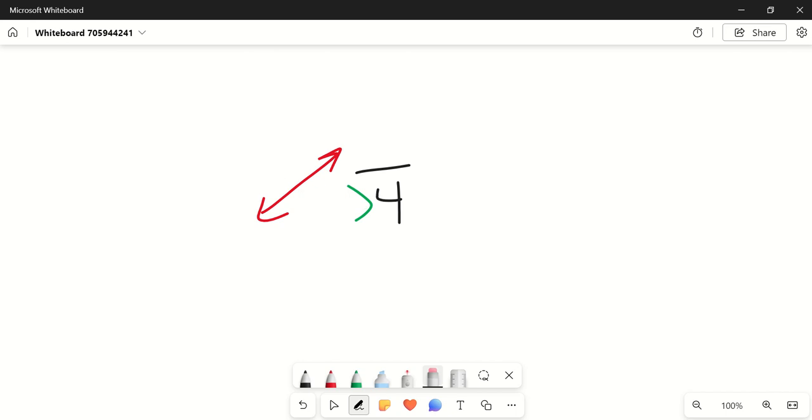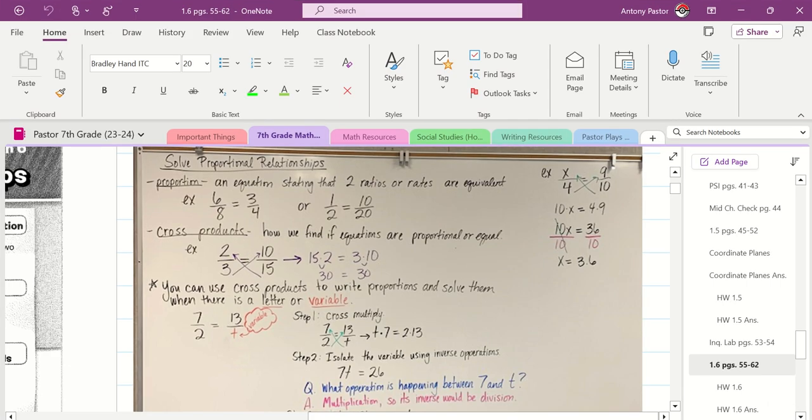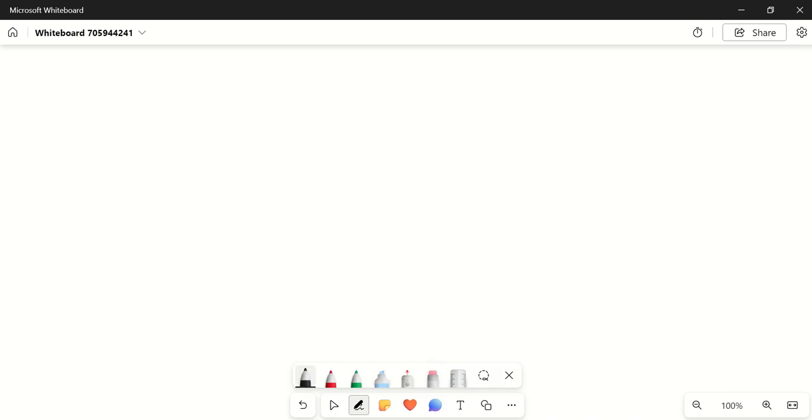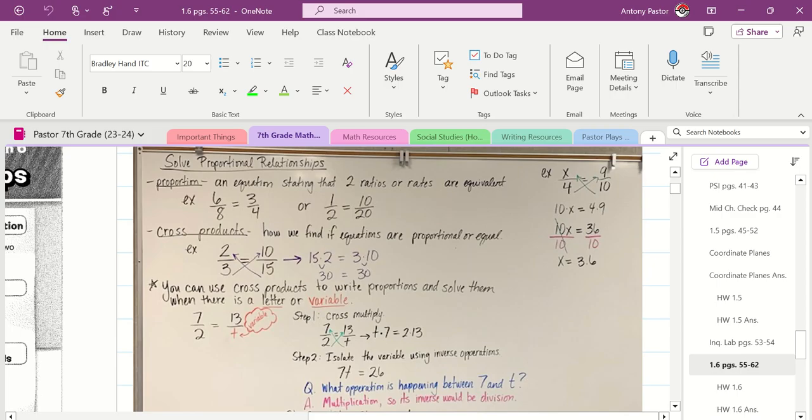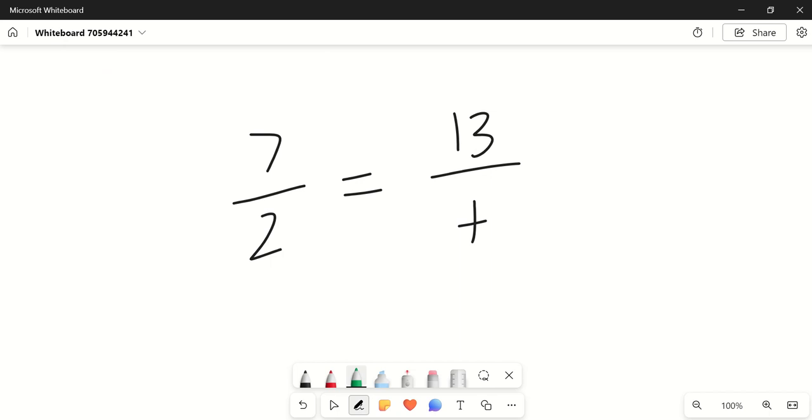Therefore, utilizing the other example of 7/2 equaling 13/t, and t being our mystery number, again, it could be any letter, x, y, whatever, we are going to do cross products. 2 times 13 is going to be 26.